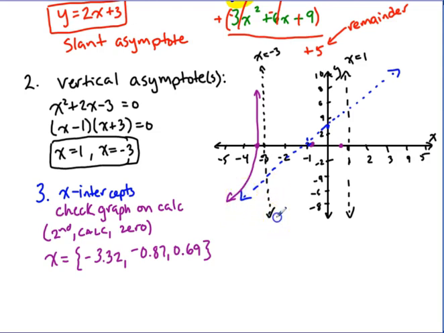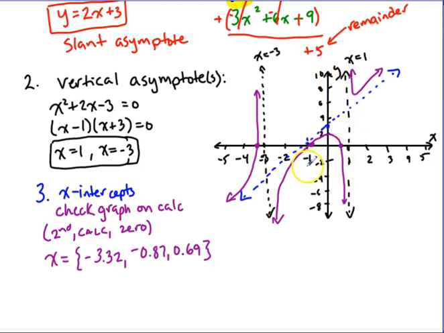The other portion of the curve comes up along the slant asymptote, hits that x-intercept, makes a U-turn, and comes down along that vertical asymptote. And finally, we have a little portion of it that's up here that follows the slant asymptote and the vertical asymptote.